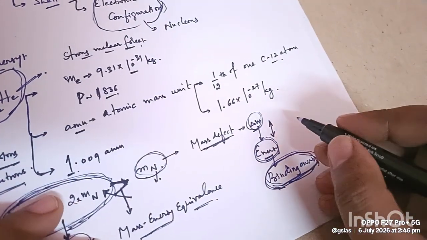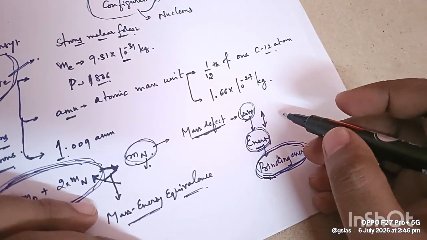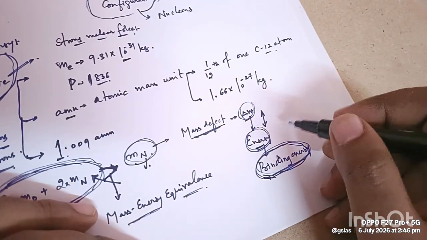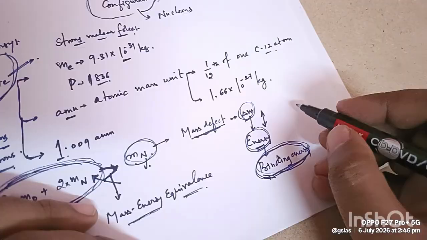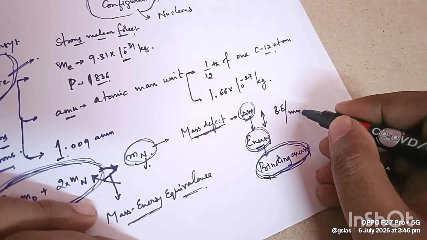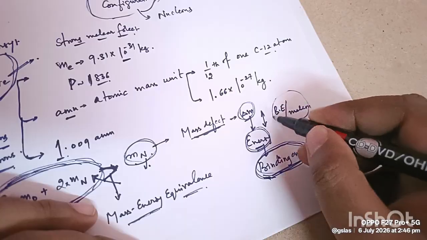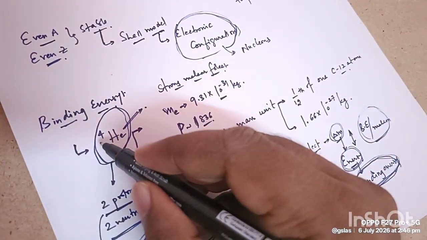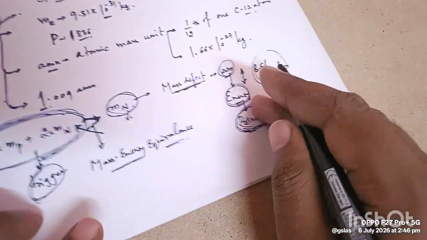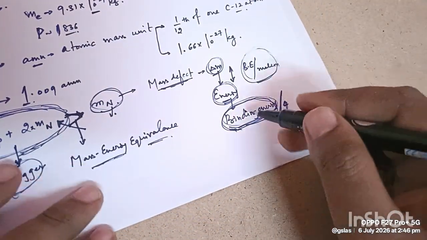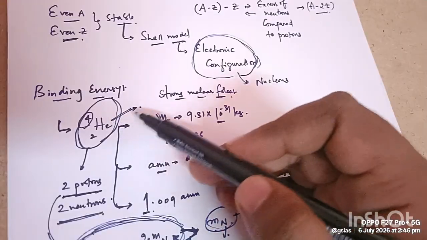And another important thing which we consider is this binding energy per nucleon, meaning, for example, the total number of nucleons here is 4, so divided by 4, for this particular nuclide which we took.